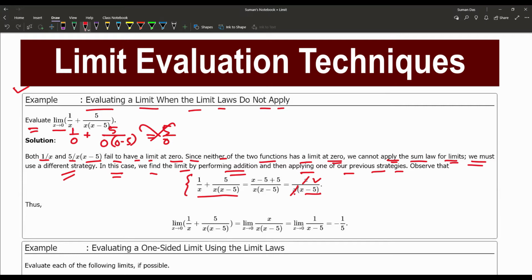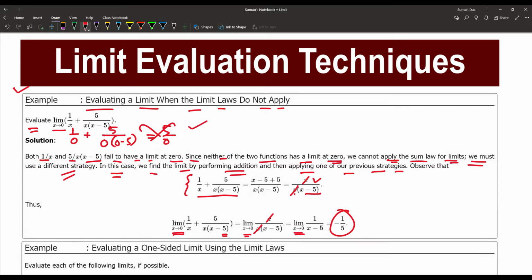So we can write the limit as x approaches 0 of 1/x + 5/(x(x-5)) is equal to the limit as x approaches 0 of x/(x(x-5)), and finally the limit as x tends to 0 of 1/(x-5). Putting the value x equals 0 here, we get the result as -1/5.